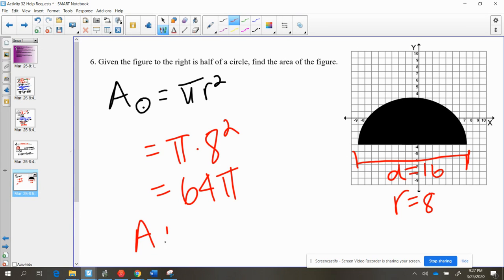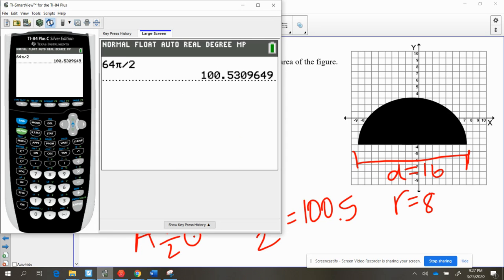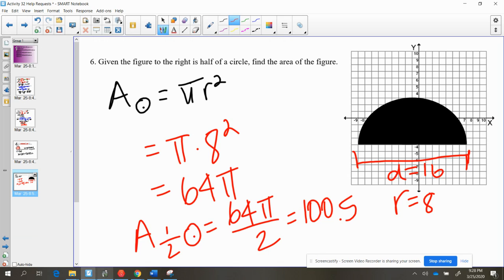So area of half the circle is going to be 64 pi divided by 2, which again we said was 100.5. And a reminder, with area, it is your units squared. Or you could just say 100.5 if you're typing it into your answer for GoFormative.